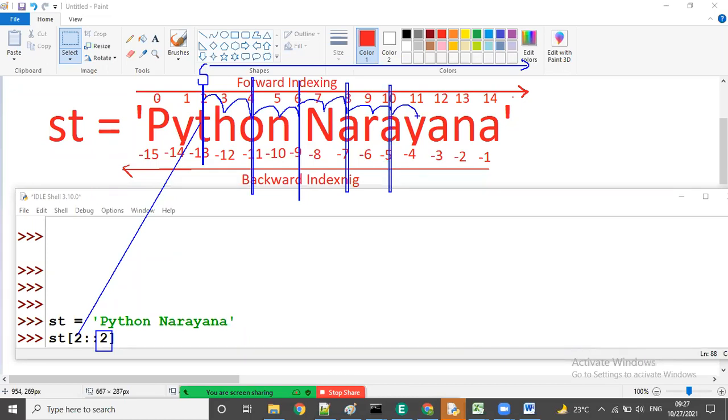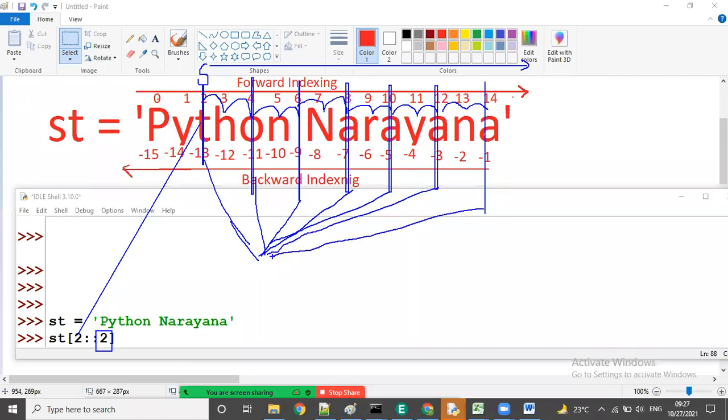Again 1, 2, A will come again. 1, 2, yes, A came. So the output is T O space T O space A A A and A.